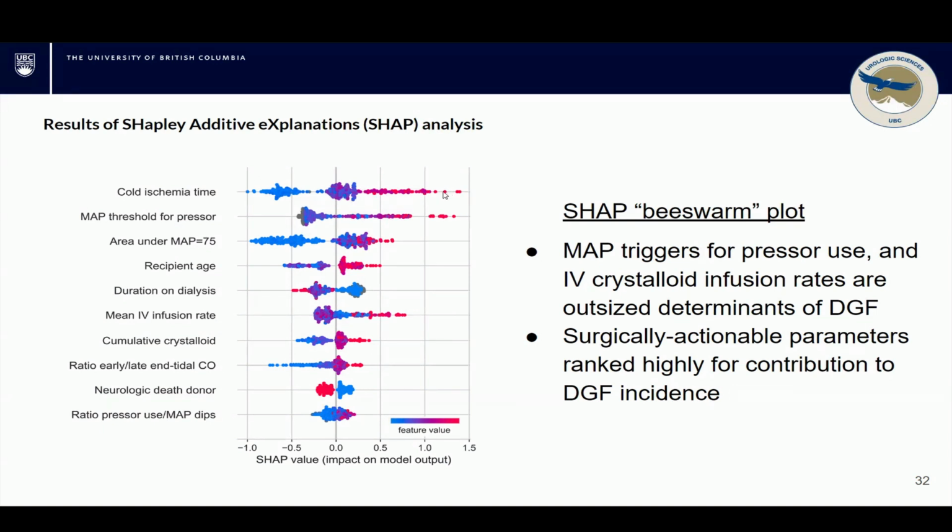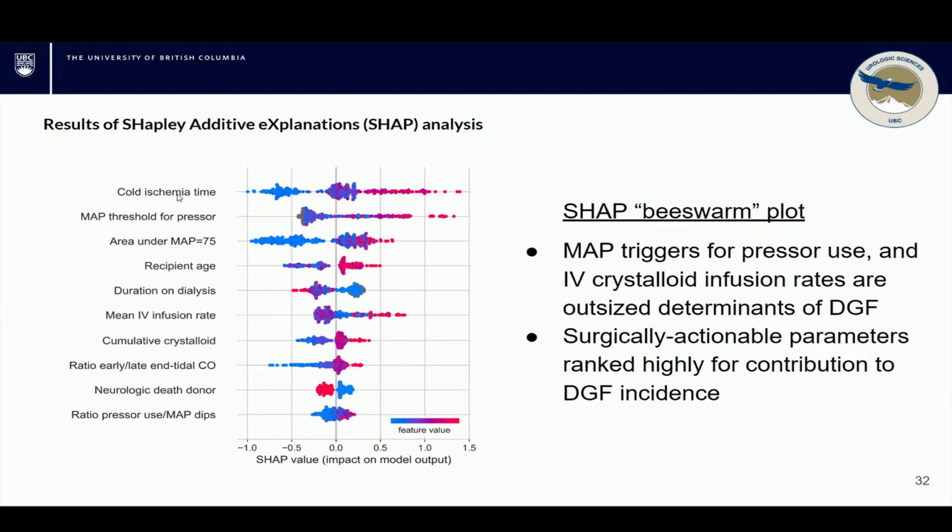And red means that that patient had a high value of this particular variable, and blue means that they had a low value of that particular variable. If it's a binary variable like NDD status, red means yes, blue means no. And then the last thing to know is that with the negative SHAP values off to the left, you have less DGF. And then with the positive SHAP values off to the right, you have more DGF.